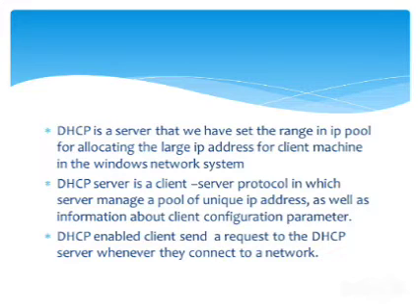Okay. A DHCP-enabled client sends a request to the DHCP server. It means to say the DHCP client also sends a request for an IP address to the DHCP server whenever it connects to a network. Okay.